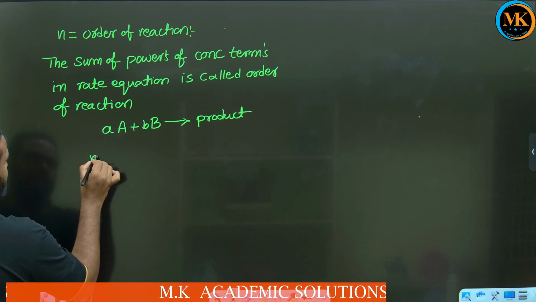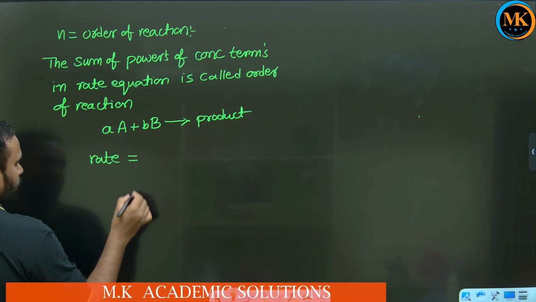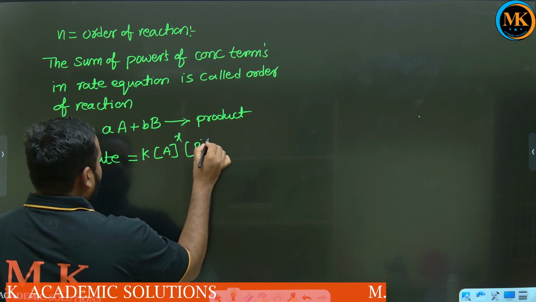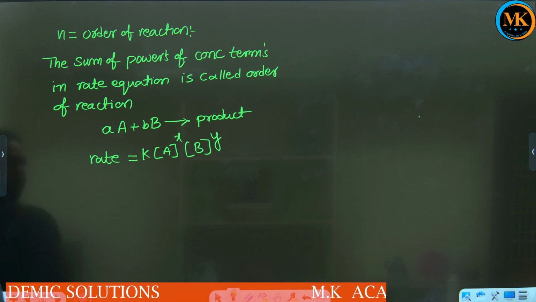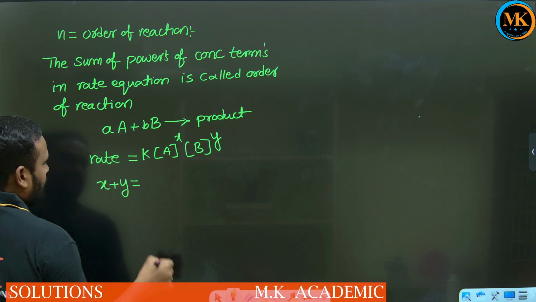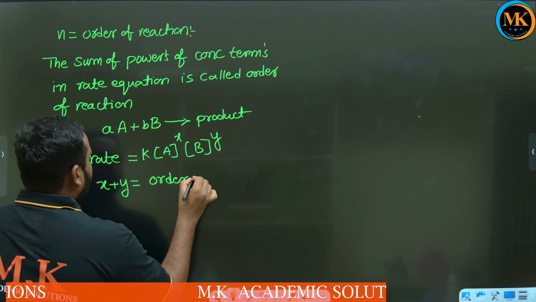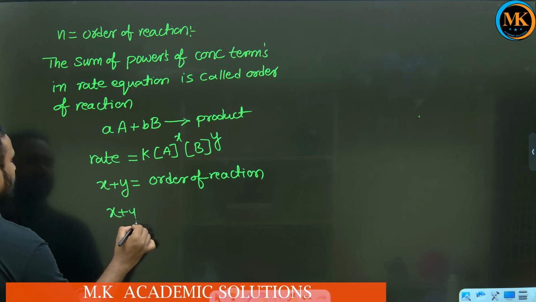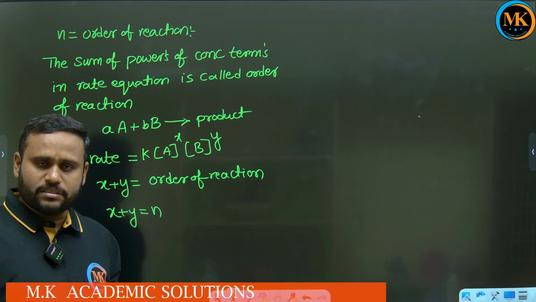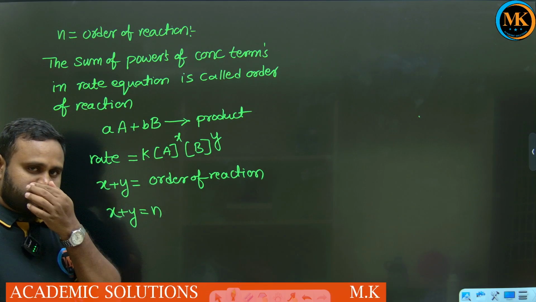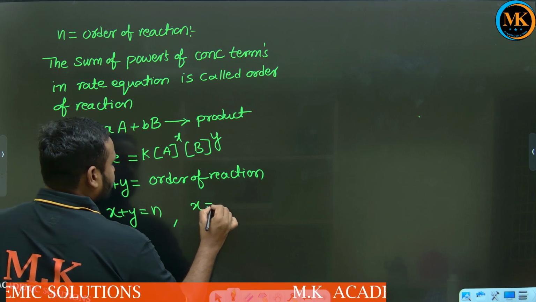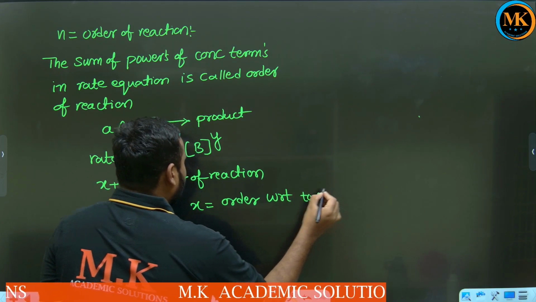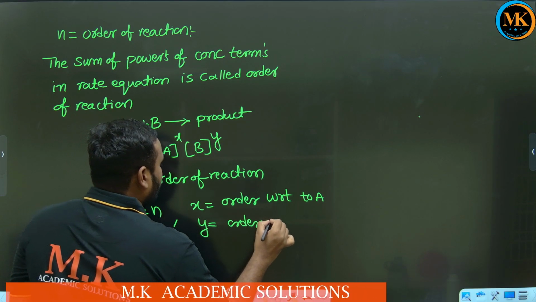Rate equals k into concentration of A power x, concentration of B power y, where x plus y is the order of reaction, indicated with n. So x plus y equals n, where x is the order with respect to A and y is the order with respect to B.